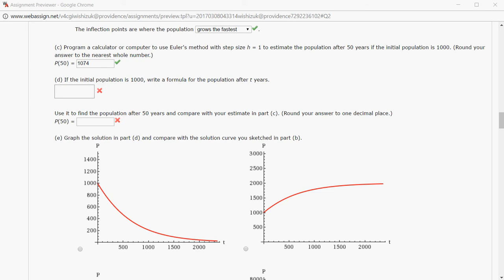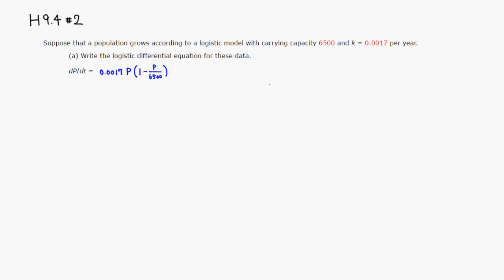The initial population is 1,000, and we write the formula for the population after t years. Remember that the solution P of t can be written as M over 1 plus A times e to the negative kt, where A is M minus P0 over P0.